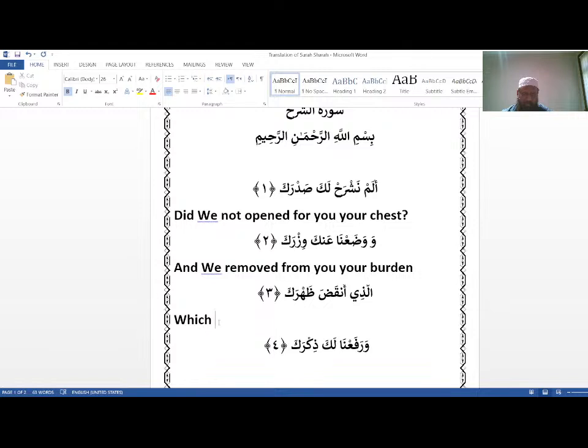So الذي أنقض, which had weighed, the burden that was weighed upon ظهرك, upon your back.